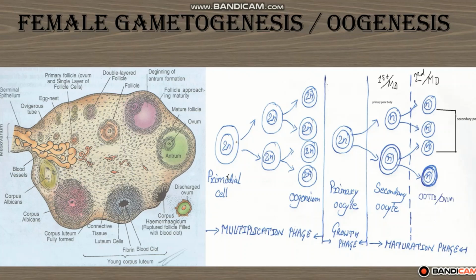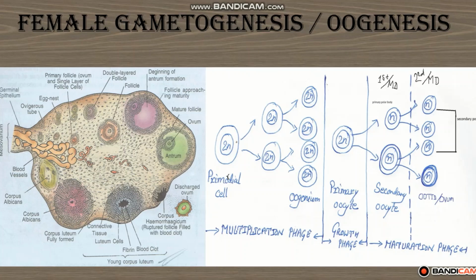If there are 46 chromosomes in a cell, then it will be converted to 23 chromosomes in a cell. So this is known as reduction cell division also, and this meiotic cell division always occurs in two steps: the first meiotic division and the second meiotic division.